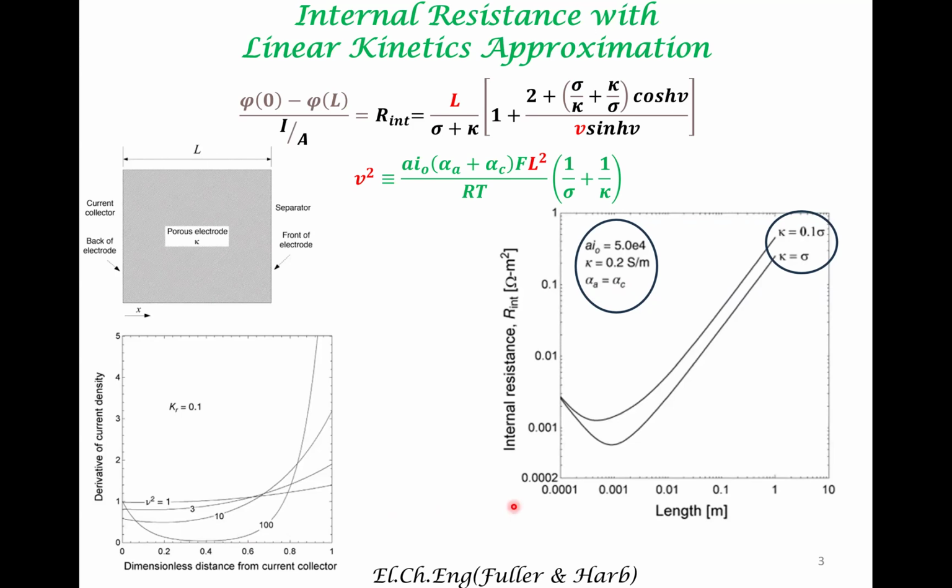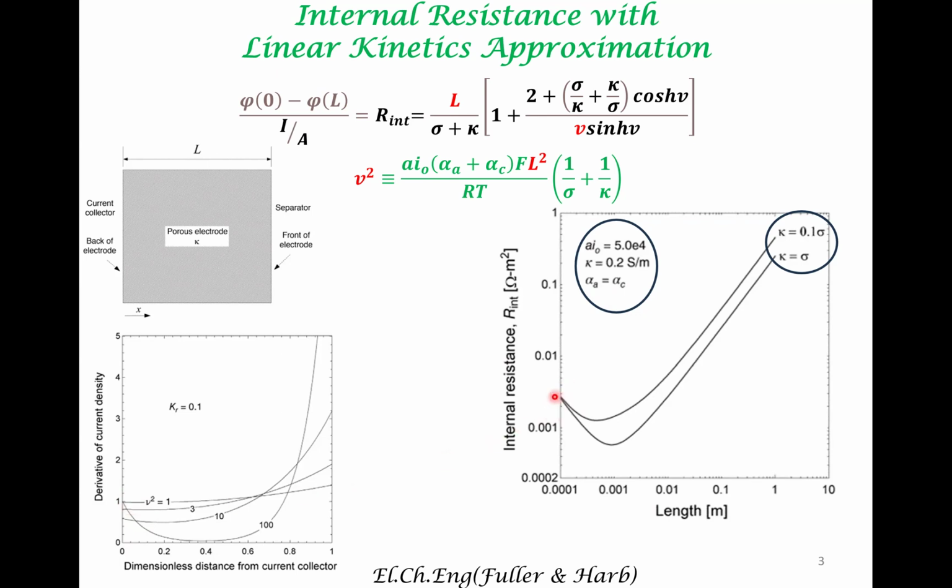So when L is small, what is typically seen is that there is reasonably high reaction rate for small L. However, the surface area available in that small thickness is less.